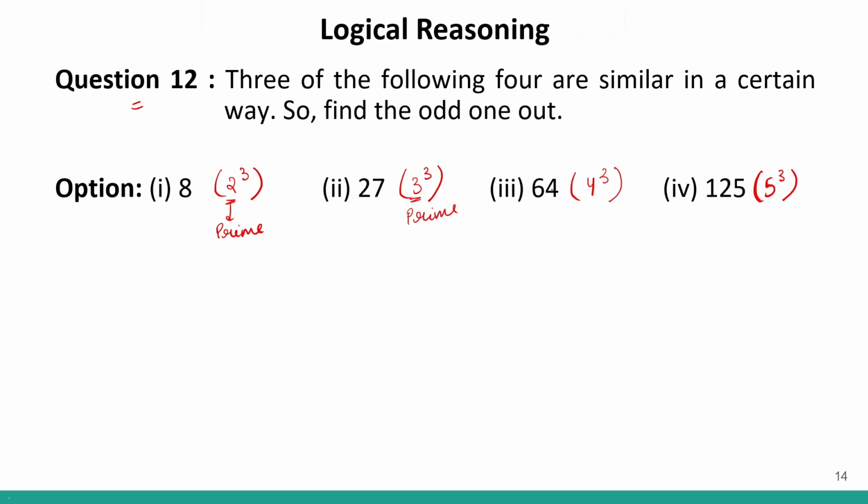Over here, if we see 64 and 4, 4 is a composite number, whereas 5 again is a prime number. So option number 1, 2 and 4 are basically cubes of a prime number, whereas option number 3 is not a cube of a prime number. Therefore, option number 3 will be the correct answer to this question. Clear?